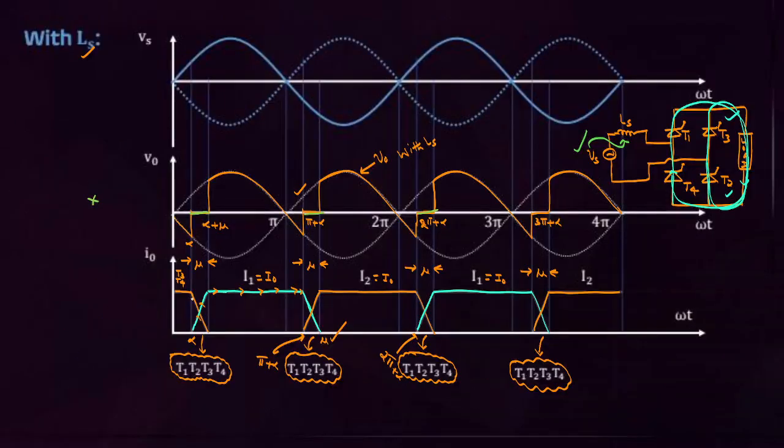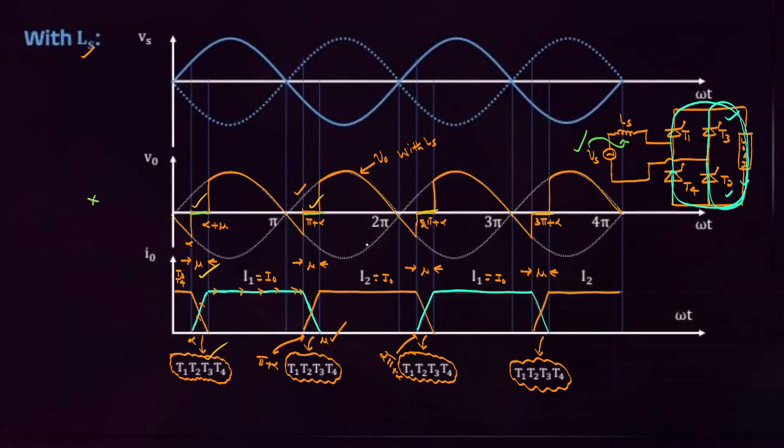By considering the source inductance effect, if you draw the waveforms, there is an overlapping of the thyristors. Due to source inductance, the thyristors are overlapped. During that angle, where mu is the overlap angle, the output voltage falls to 0.